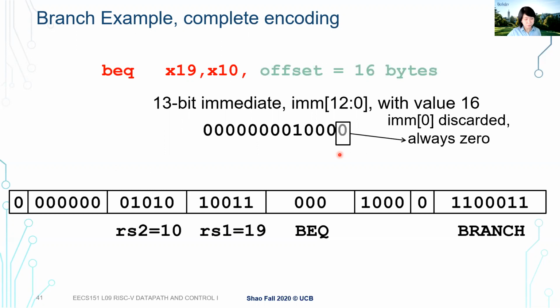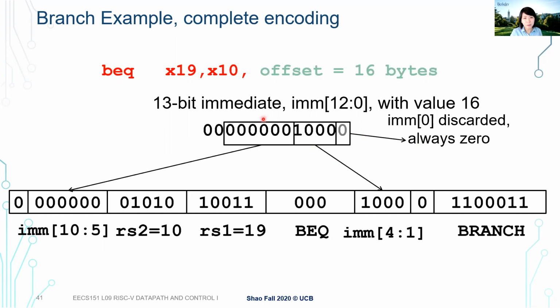To store this in our instruction format, the lower 4 bits are still in the same place where we used to store bit 5 to bit 0. We just discard the lower bit. And then the upper bits are the same.